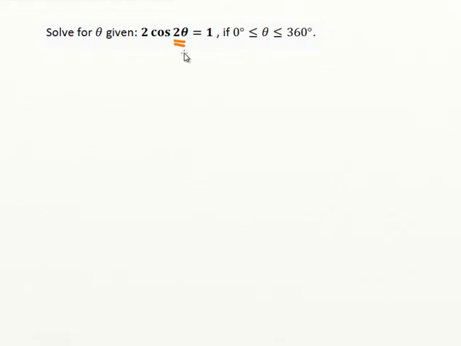Well, the first thing I'm going to do is say that 2 theta would have a restriction that is not 360, but twice the restriction of theta, which would be 720. So that is my restriction on solving for 2 theta.